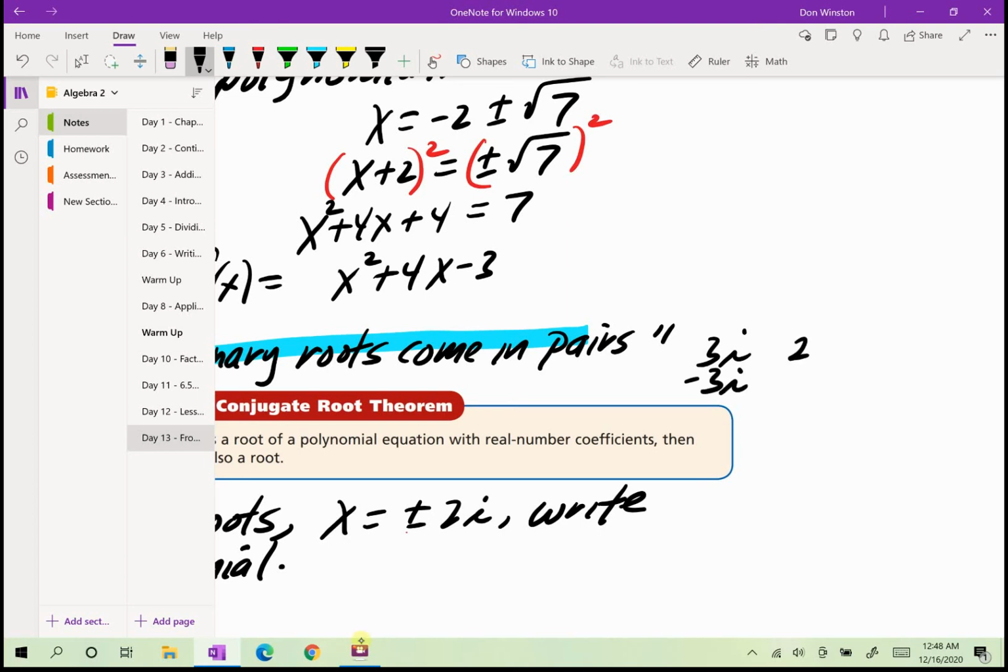If I had 2 plus 3i root 7, then I would have also had a 2 minus 3i root 7. If I had a negative 4 plus 5i, I would have had a negative 4 minus 5i. Okay. Again, imaginary roots, they come in pairs too. Plus or minus.